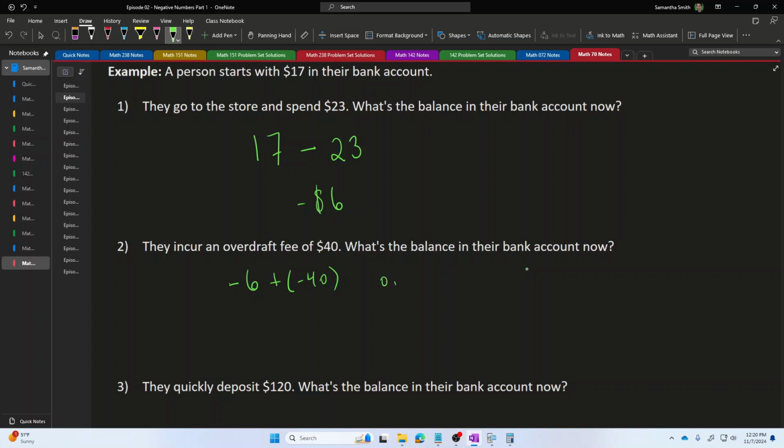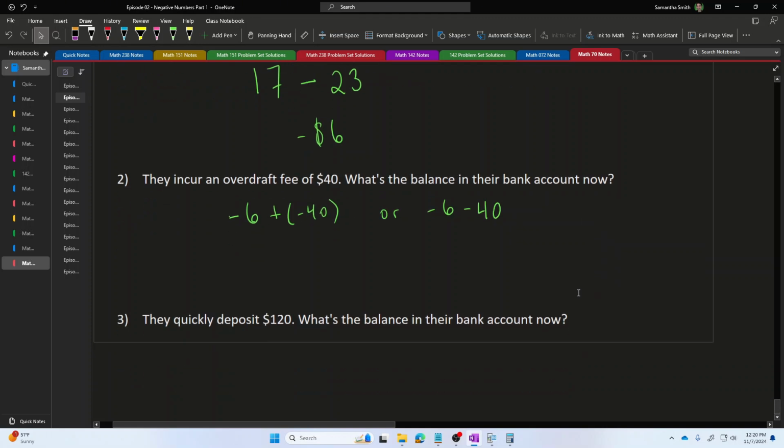Or if you want to put it a different way, you can think about this as negative 6, and then the bank came and demanded $40 extra from me. So the bank is subtracting $40 from me. This is going to be the same in the end because subtracting a number is the same as adding its opposite. So both of these are going to be the same in the end.